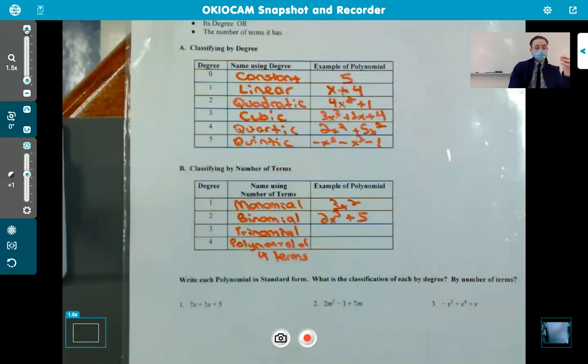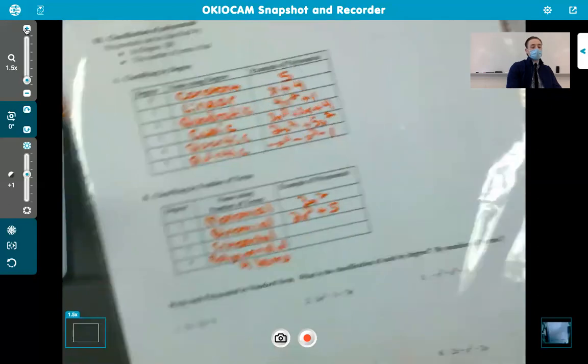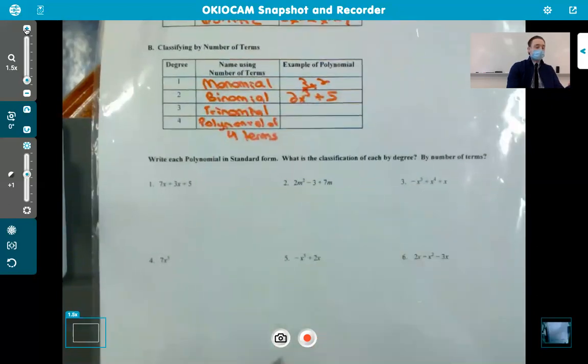Okay. The first thing that we're going to do, very similar to standard form, is we're going to do a couple examples here. We're going to simplify our expression first. So we're going to combine any terms, because if we forget to do that, we might think that there's more terms than we actually have, and then we're going to categorize it incorrectly. All right. So we'll combine terms to start, then we'll try and classify it based off its degree and number of terms that we have.